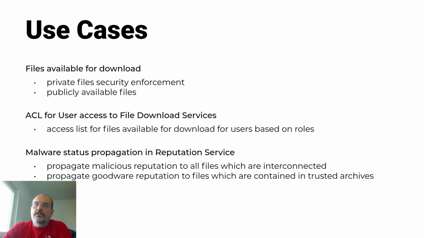And the third use case we tried to cover with the graph database solution is malware status propagation in reputation service. So we are unpacking files and detect that something is malicious in that archive, and we would like to be able to propagate that malicious status to the container which contains that file.